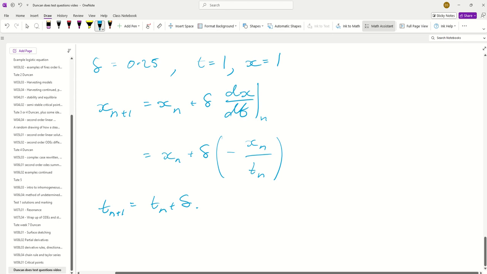We now need to just start at t equals 1, advance to t equals 1.25, t equals 1.5, t equals 1.75, and finally t equals 2.